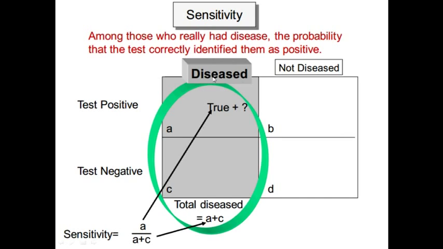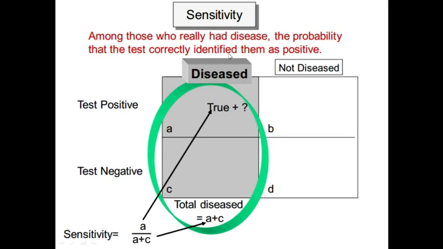Our denominator is going to be the total of all those who are diseased, irrespective of the test result. And all those who are diseased are given by A plus C. So the calculation for sensitivity becomes true positives over total diseased, right? This is the probability of the screening test correctly identifying all those who are diseased. This is what sensitivity is.